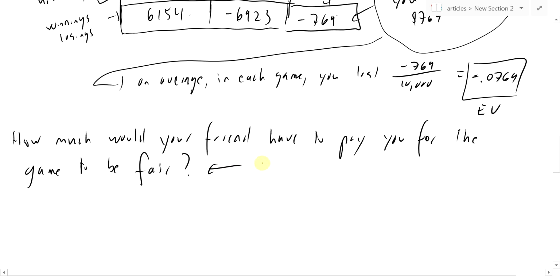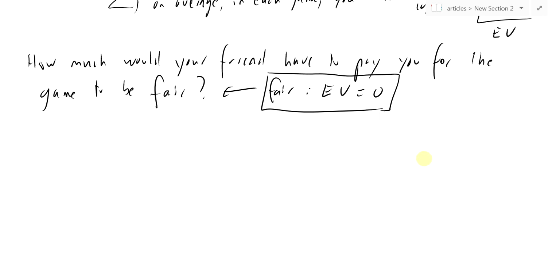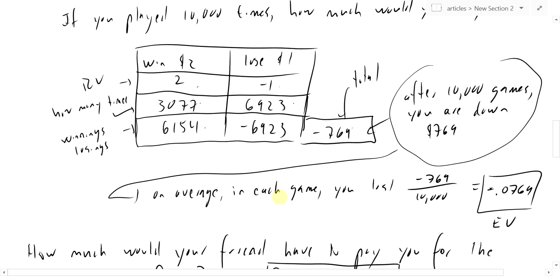What does it mean to be fair? Fair means the expectation value equals 0. And what that means is that in a fair game, over the long run, you're not expected to win any money, but you're not expected to lose any money. So there's no determinate way that the money is flowing. In the first example, the money is always flowing to your friend. Here, it doesn't flow to you or to your friend.